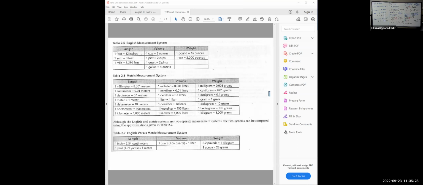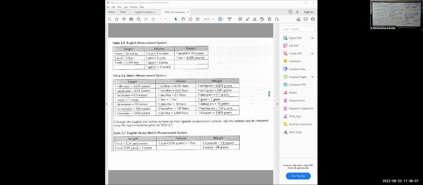Okay. Now, I want you to see that 1 yard is very close to a meter, but not exact. So in terms of the nursing exam, you can consider a yard and the meter the same thing. Same thing with this over here. A quart is not quite a liter, but on the nursing exam, you can assume a quart and a liter is the same thing.